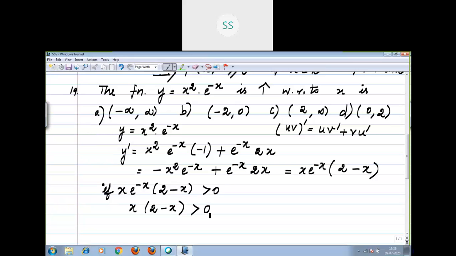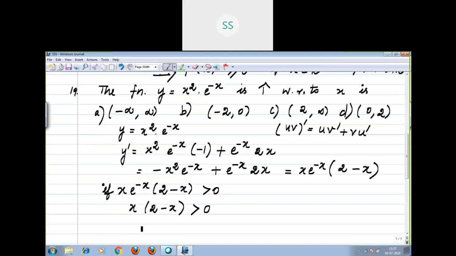Why am I writing x into 2 minus x greater than 0? See here, e power minus x can't be 0. So the only possibility is x into 2 minus x is greater than 0.